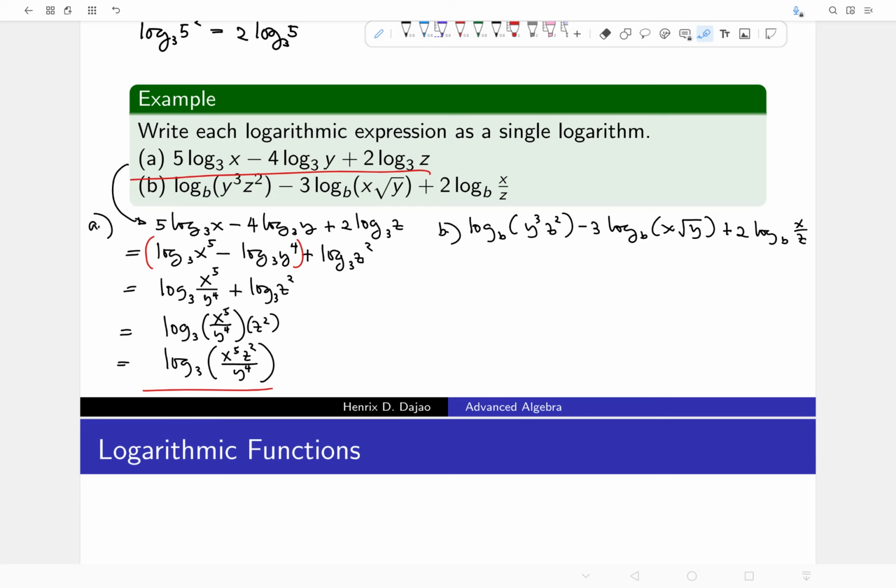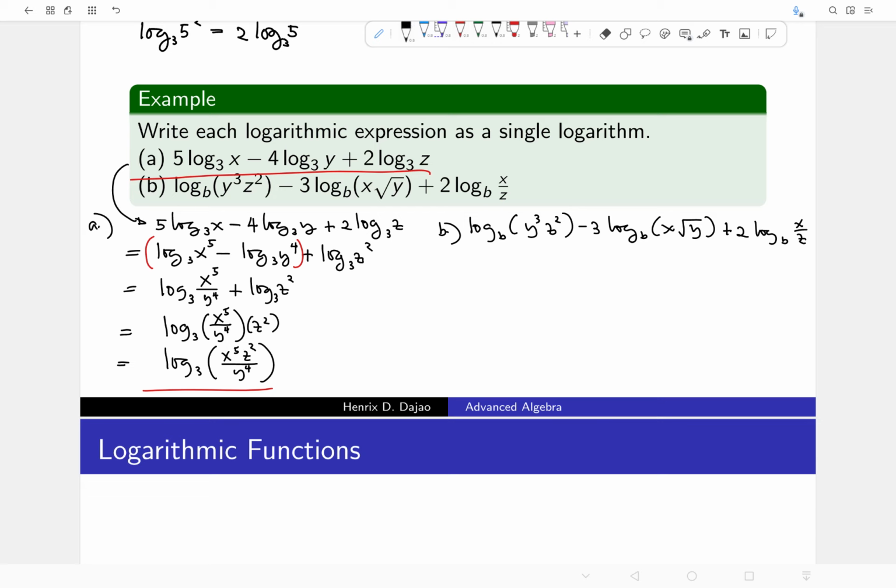Okay, this expression, I think we can use property 5.7. We will make this as an exponent, as well as for this we will make it as an exponent.